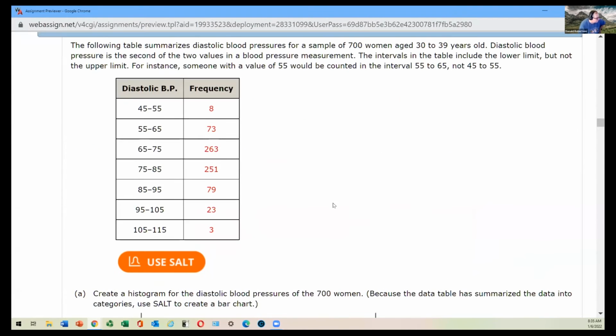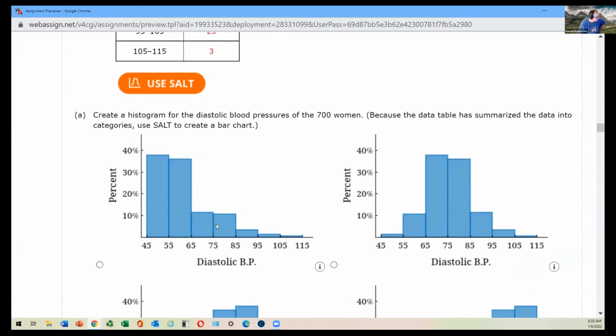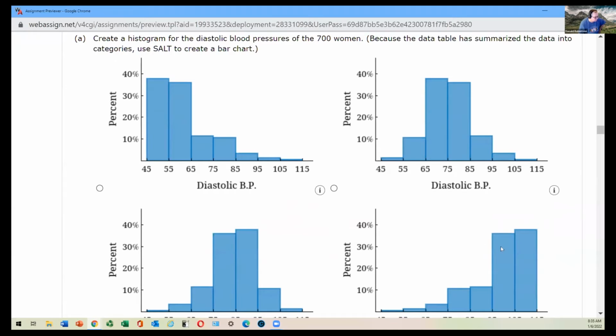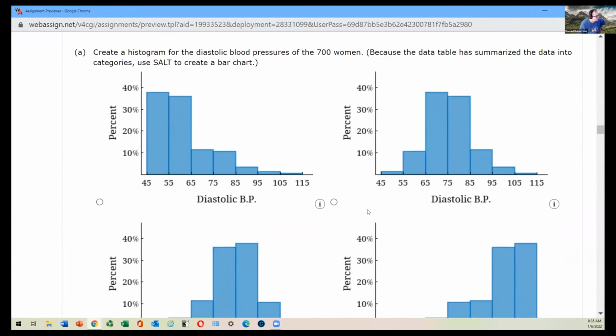Now, if you wanted to do this by hand, which you can certainly do, wouldn't you find out what percentage 85 is out of 700? And then you'd find out what percentage 73 is out of 700. And then once you had these percentages, wouldn't you look at which one of these four looked right?